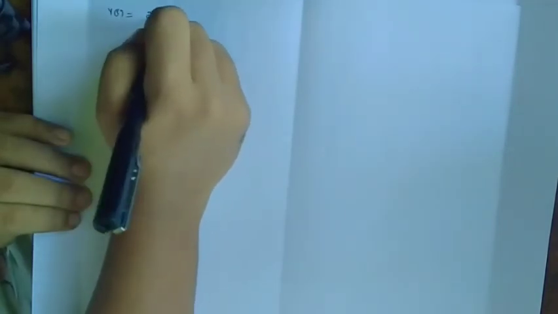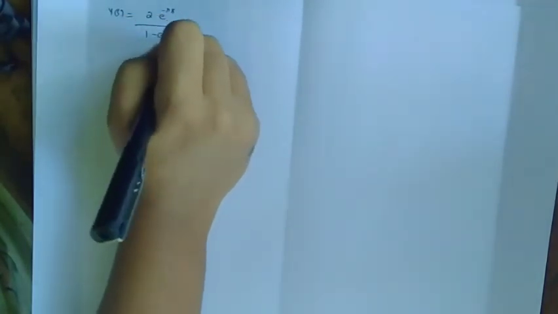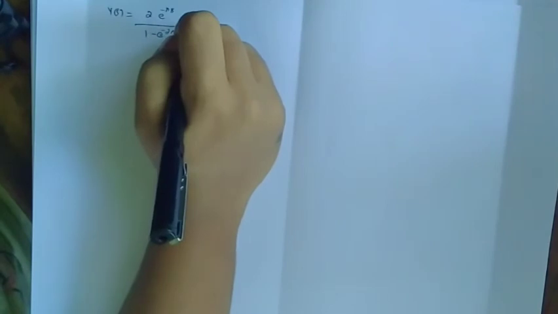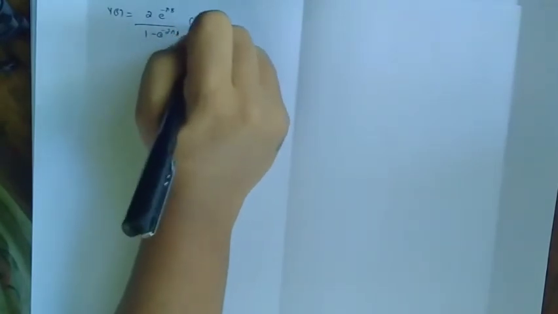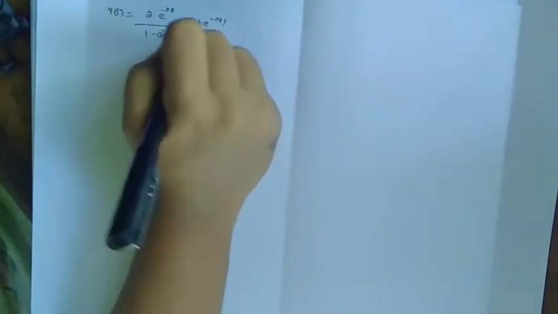So, I'll write it here. Y of s equal to 2 into e raised to minus pi s divided by 1 minus e raised to minus 2 pi s into 1 plus e raised to minus pi s divided by 1 plus s square.